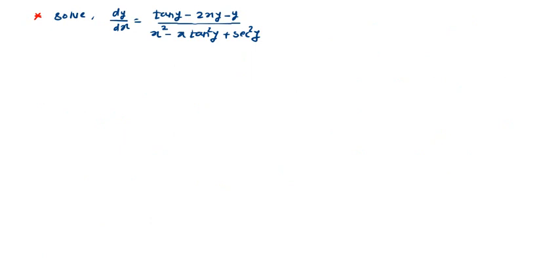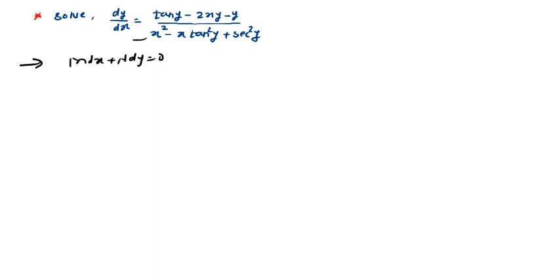So the next example is dy/dx equal to (tan y minus 2xy minus y) upon (x square minus x tan square y plus sec square y). Firstly, we will write it in our standard form. Our standard form is M dx plus N dy equal to 0. So try and convert it to the standard form.